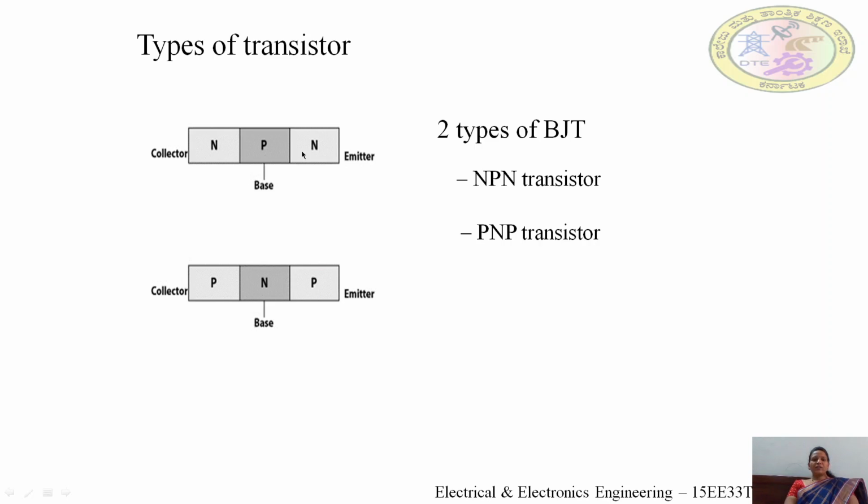For all the three layers, three terminals are taken out for external connection, and the terminals are the collector, emitter and the base. So based on the way the p and n materials are arranged, we have two types of transistor, that is NPN and PNP transistors.